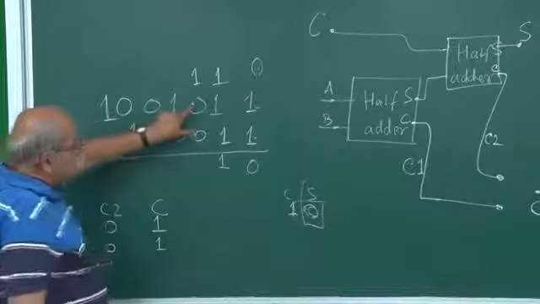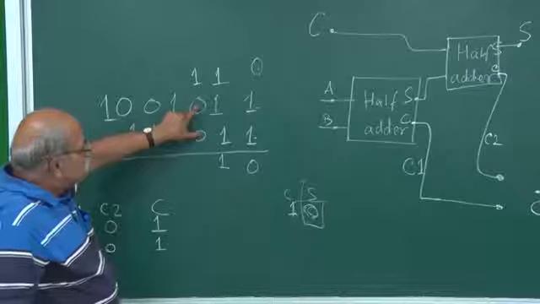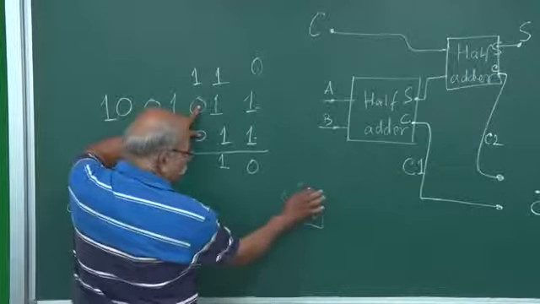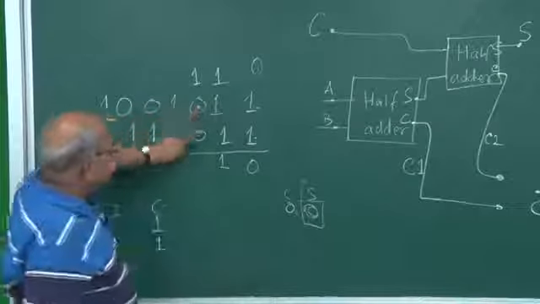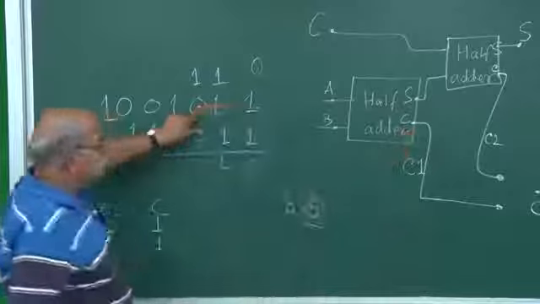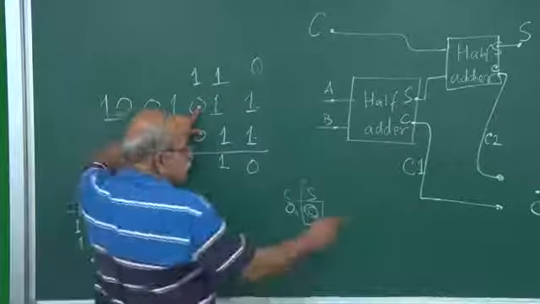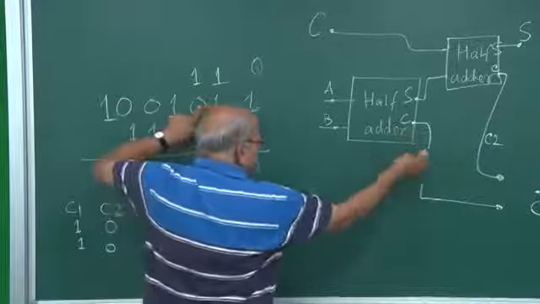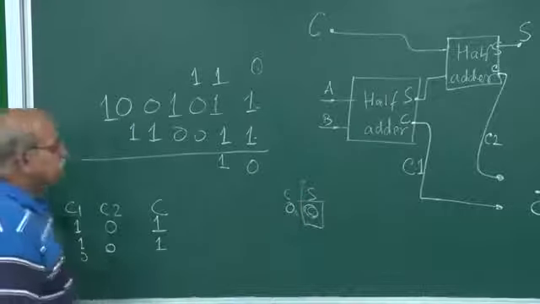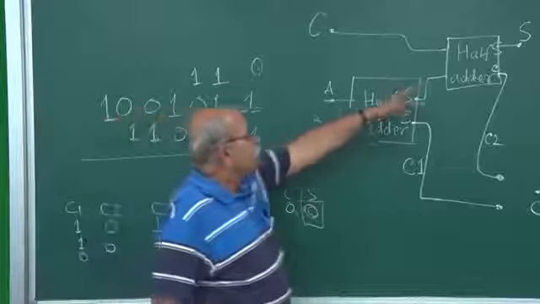Now look at this. 0 and 0, this is A, this is B. The sum is 0 and the carry is also 0. So C1 is 0. Then come here.